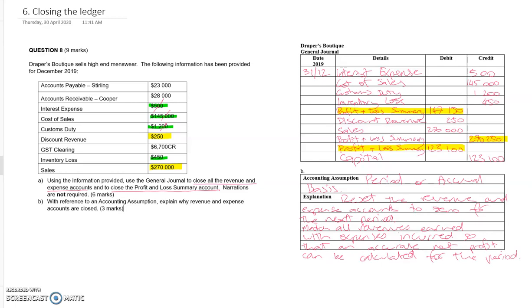Now, just to run you through this explanation, what this written response does is it demonstrates good use of accounting terminology in the fact that it's talking about revenues earned, expenses incurred, net profit as well. So there is your solution to this question. Well done.